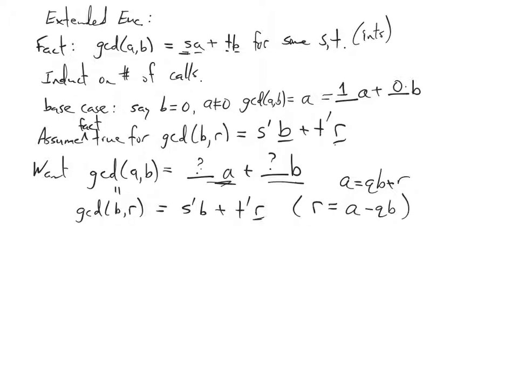So if we plug that in, the GCD of A and B equals S prime B plus T prime times A minus QB.